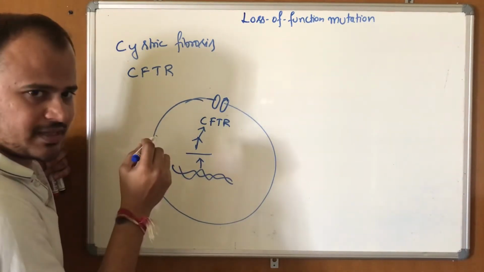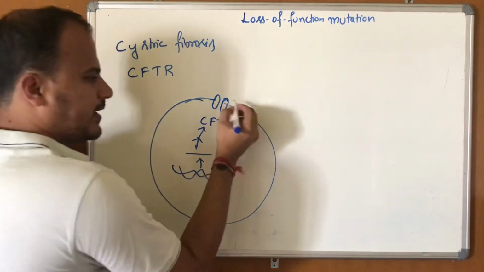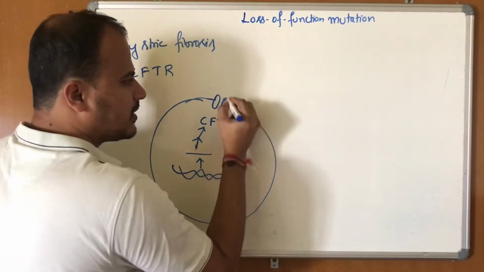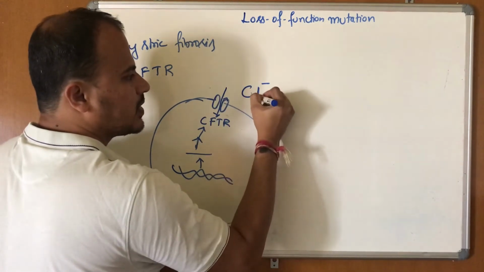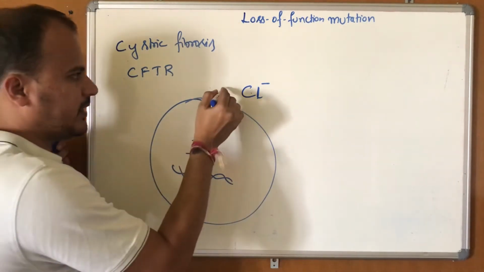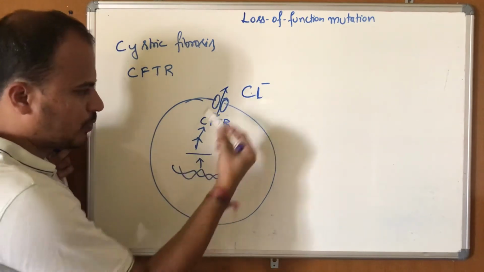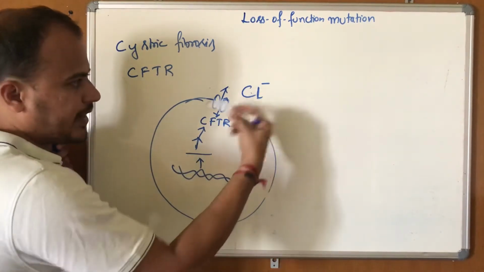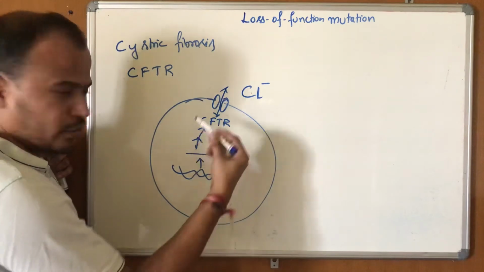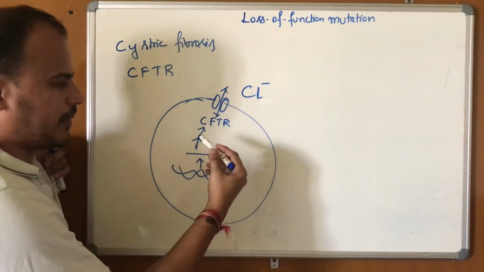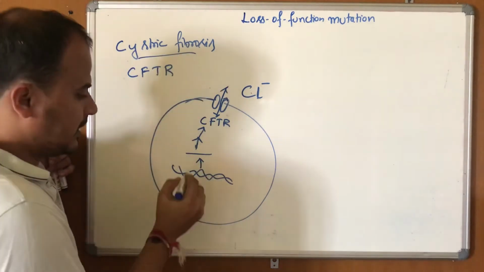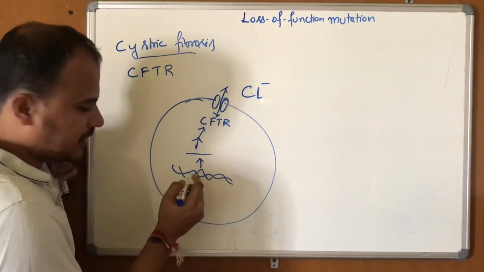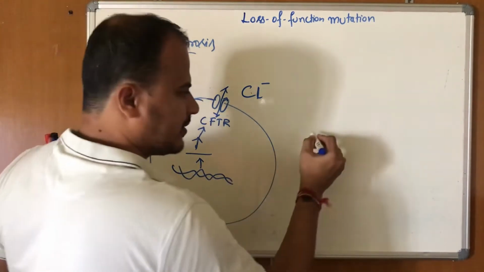The function of CFTR is that it is involved in the movement of chloride ions across the plasma membrane. In the case of cystic fibrosis, there is a mutation in the gene that codes for CFTR.